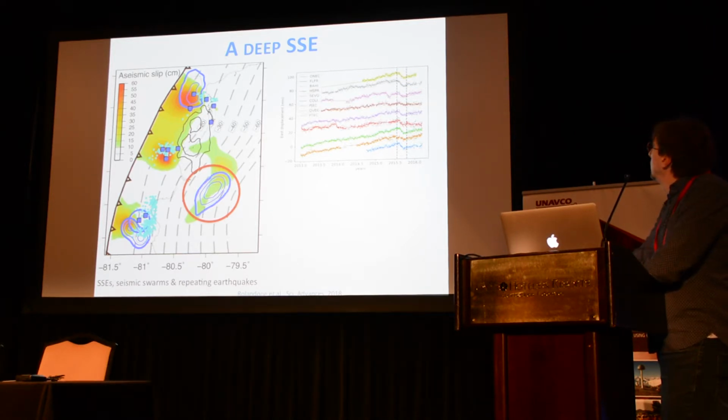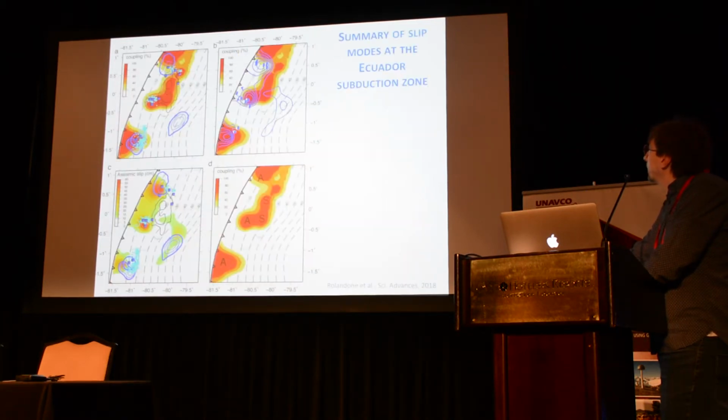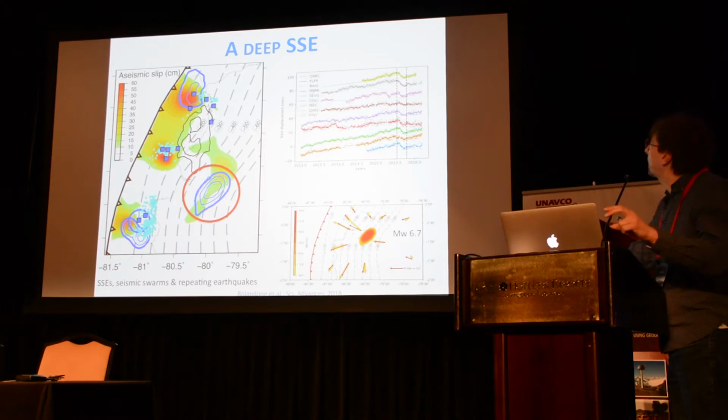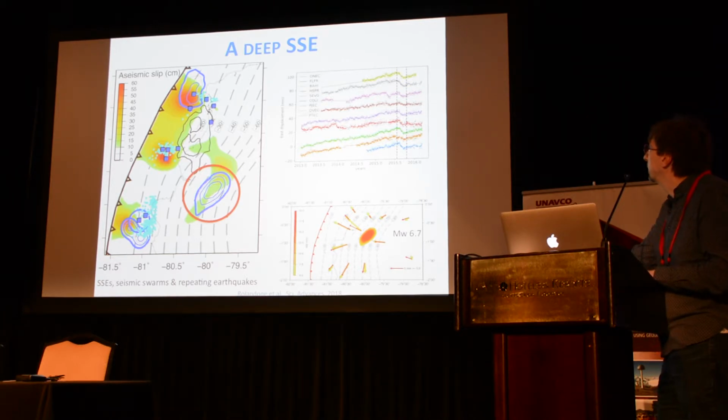And when we model the surface displacement observed by GPS, we find a slip equivalent moment magnitude of 6.7 in these areas, which partially correlates with the area of deep early afterslip. And of course, we also find some slow slip events in the area where we observed the remotely triggered slow slip event.